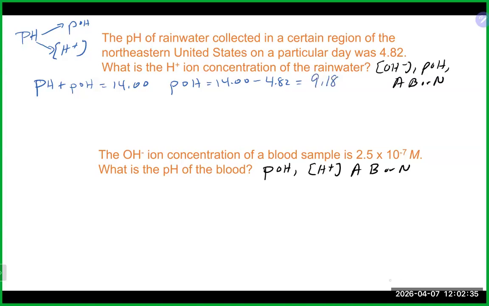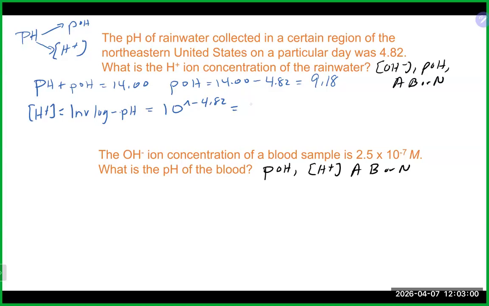Again, I could also get my H+ concentration from this. So my H+ concentration is going to be the inverse log of the negative pH. In this case, it should look something like this on your calculator, most likely when you punch it in, like so. And that will get you negative 4.82.